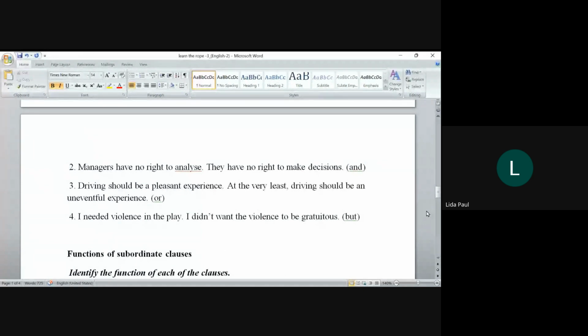Some people may not combine both the sentences, but still add "but". They might write it as: I needed violence in the play. But I didn't want the violence to be gratuitous. That's also right. But if your plan is to convert this into a compound sentence, then you will have to take off that full stop and add "but" instead, right?